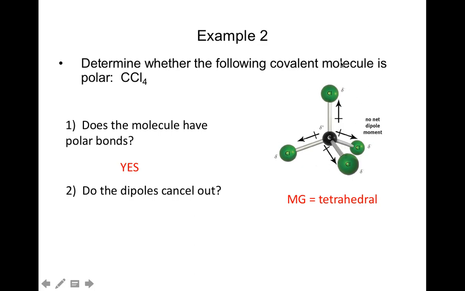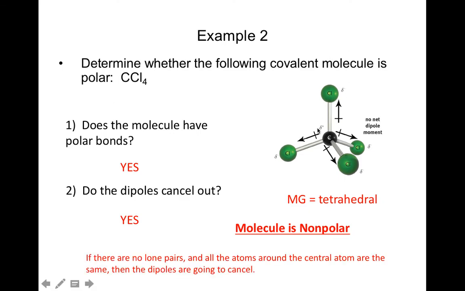Because I have chlorine atoms in each one of the positions, these dipoles are going to cancel. And so the molecule is going to be nonpolar. I think for linear and trigonal planar molecules, it's a little bit more obvious that the dipoles cancel. But in general, as long as there are no lone pairs and all of the atoms connected to the central atom are the same, those dipoles are always going to cancel out, and so those molecules are going to be nonpolar.